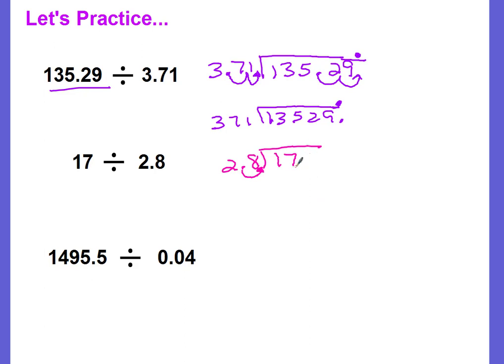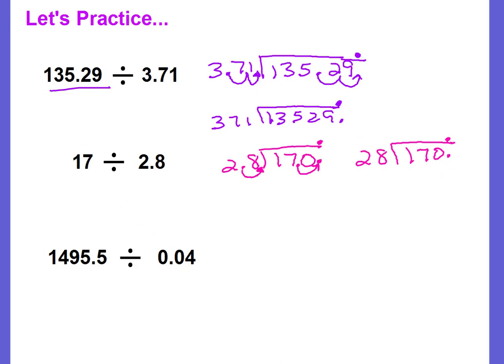It's invisible, which means it goes at the end of the number. Once you have it visible, then you still have to slide it one place to the right. Our new decimal goes here. Bring it straight up to the answer line and fill in your hole with a 0. So to write it nice and neat, your divisor is now 28, and your dividend is now 170. And you're ready to do your long division.